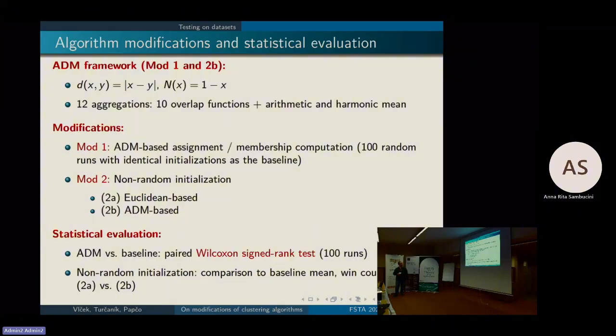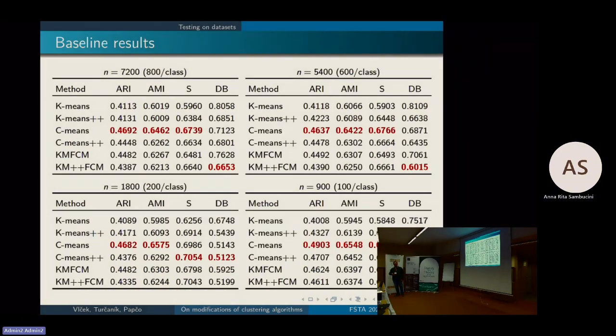In modification 2, there was only 1 run because it's non-random, and we compared to baseline mean counts, and 2A versus 2B modifications. And here are sampling results.